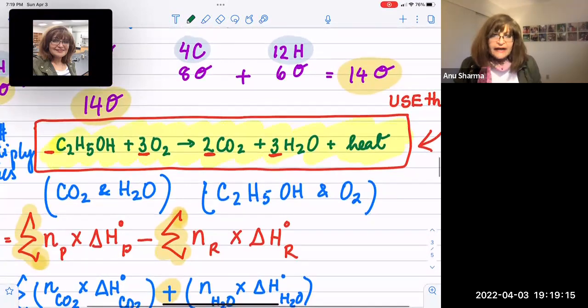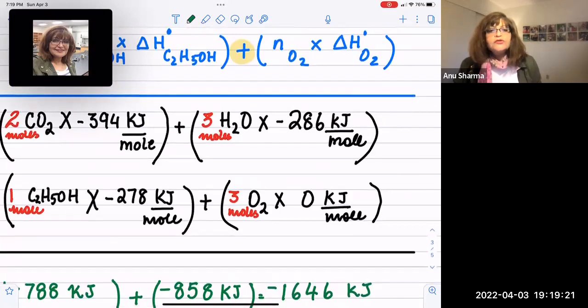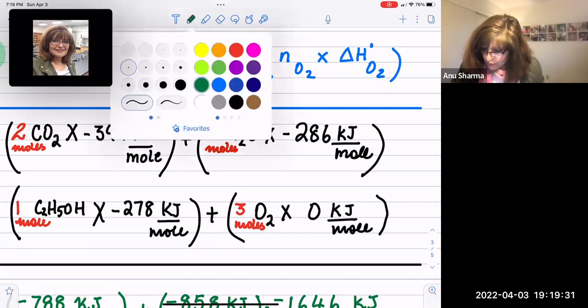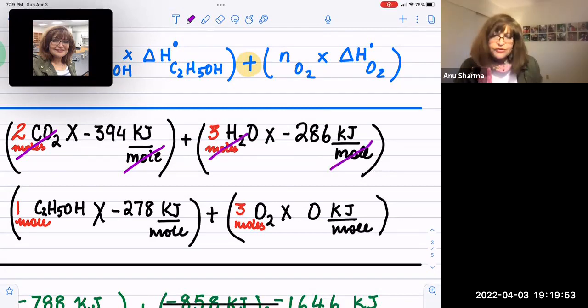So if you use this balanced equation, then you take the number of moles of carbon dioxide. So 2 moles of carbon dioxide, multiplied by the given value of the delta H for carbon dioxide, the heat of formation, that is negative 394 kilojoules per mole. Then the moles of carbon dioxide and the moles cancel out, and you're just left with kilojoules. Add that to 3 moles of water times the negative 286 kilojoules per mole, that's the delta H value, and then you cancel these moles out.